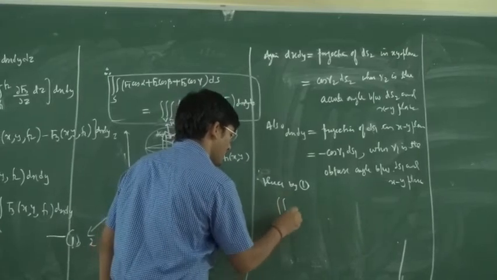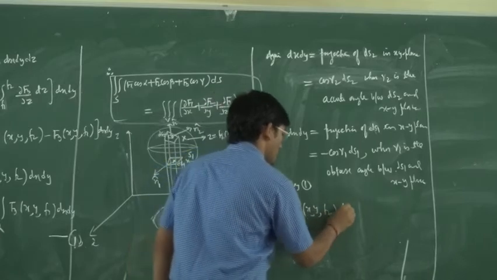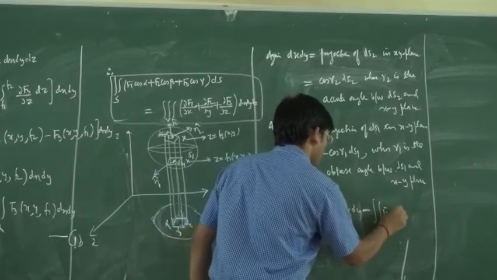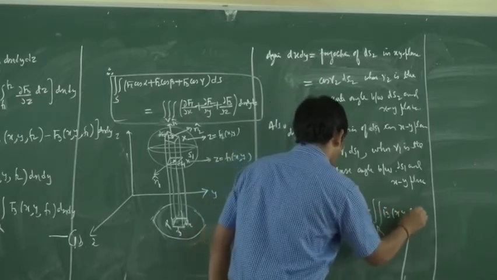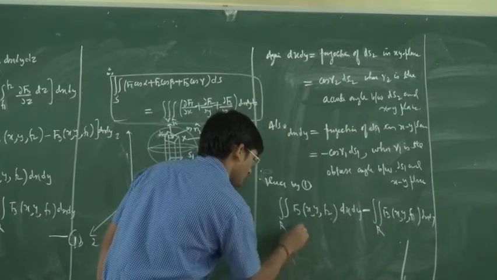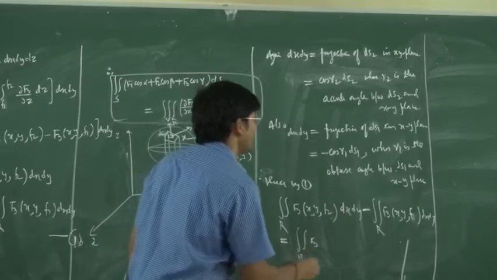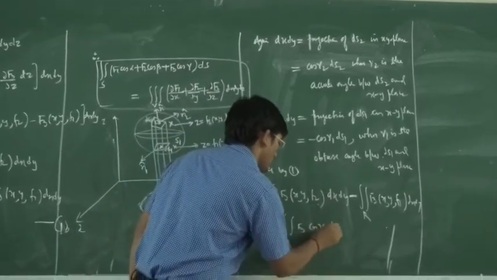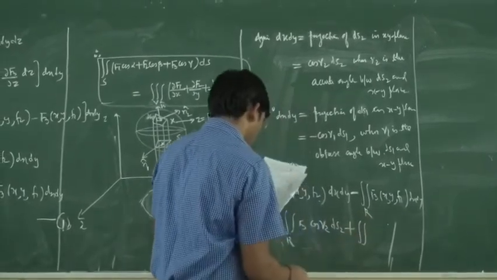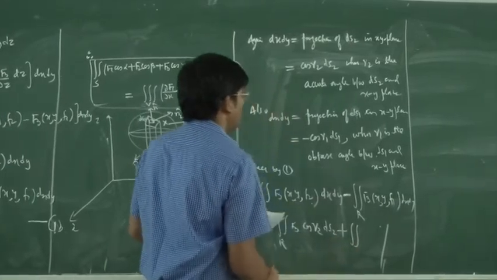Hence the double integral over R of f3 at x, y, z2 dx dy minus the double integral over R of f3 at x, y, z1 dx dy is equal to the double integral over R of f3. Now the value of dx dy is cos gamma 2 into dS2, with a plus sign.